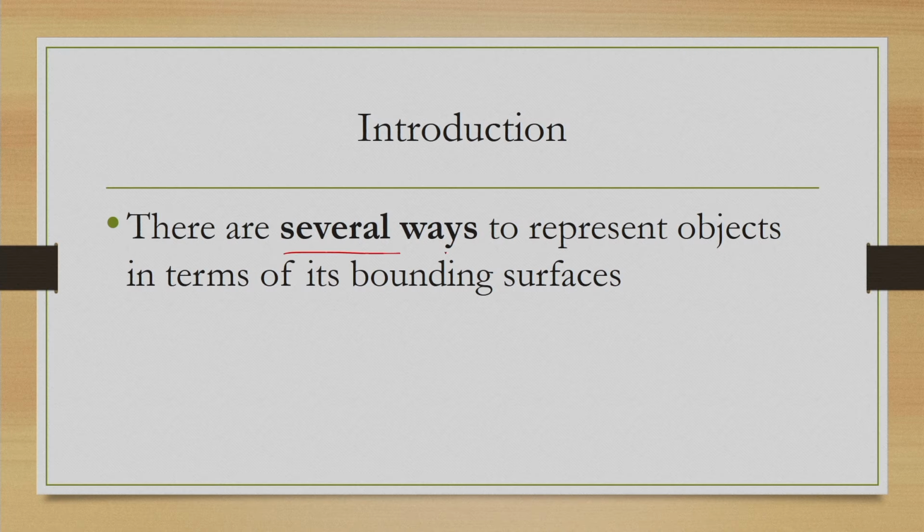There are several ways to represent these bounding surfaces. We mentioned 3 subcategories of representation: mesh representation, implicit representation and parametric forms. So, today we will get an introductory idea to all these 3 representation techniques.